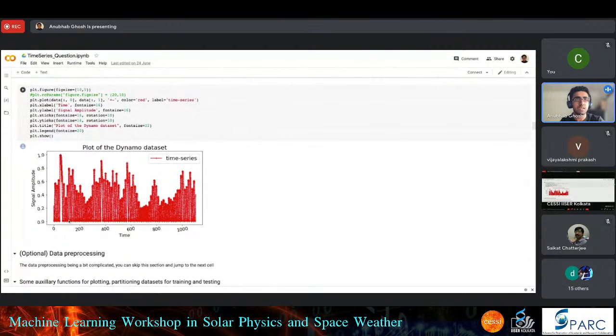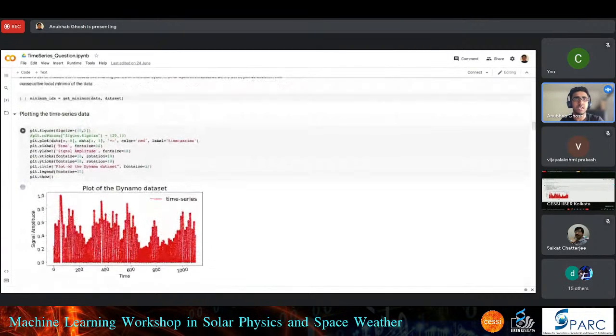You can see the data has some oscillations, almost sinusoidal-like oscillations, right? Each of these oscillations represents one cycle of solar series data.